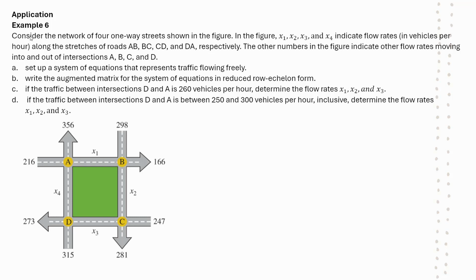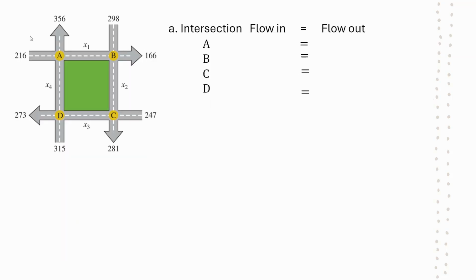So the flow rate into an intersection has to equal the flow rate out of the intersection in order for traffic to flow freely. We have 4 intersections, A, B, C, and D. There's traffic flowing into each one and traffic flowing out of each one, and we're going to set those equal. So if you look at intersection A, you've got traffic coming in from the left side, and you've got traffic coming in from the south.